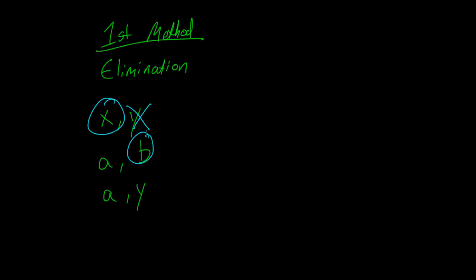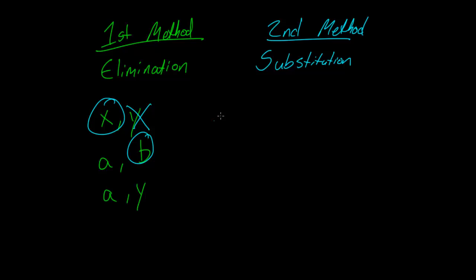When you solve for that variable, you can substitute it back in, which leads me to our second method. Second method is substitution. And that is saying that we can substitute something in for a variable. Say you have an x and a y.